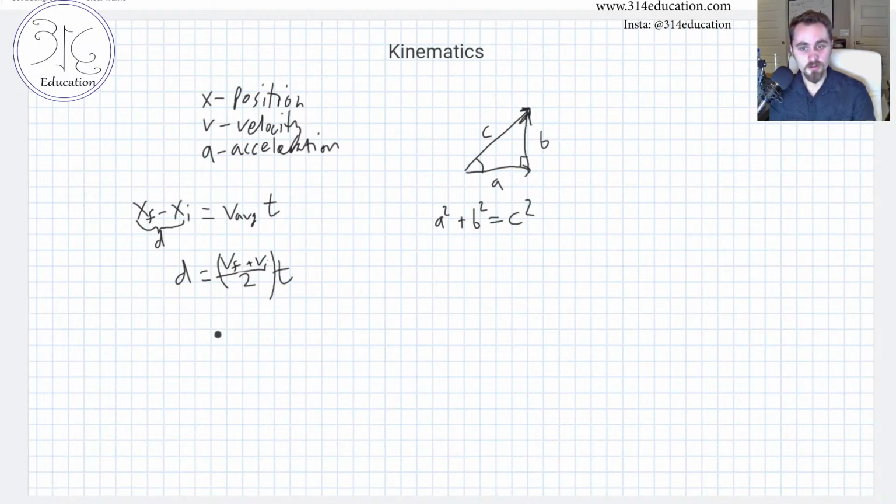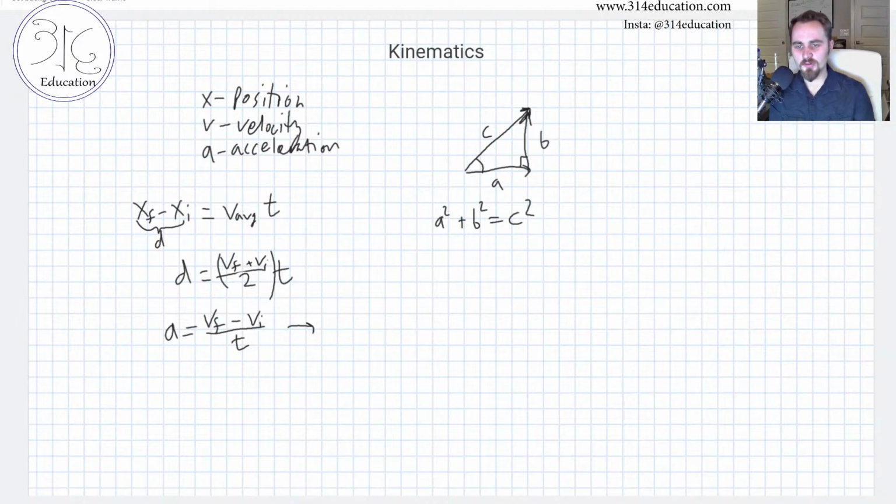So we should deal with rates of change, and so that would be the rate of change, let's say, of velocity. Well, the rate of change of velocity is acceleration, but we can define the rate of change as the final minus the initial over the time it took us to get there. And so that gives us a equals Vf minus Vi over t.